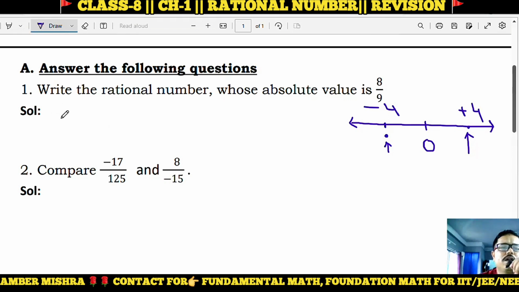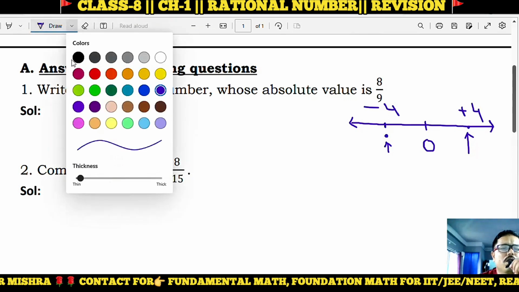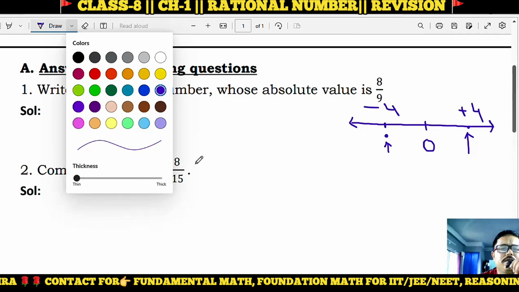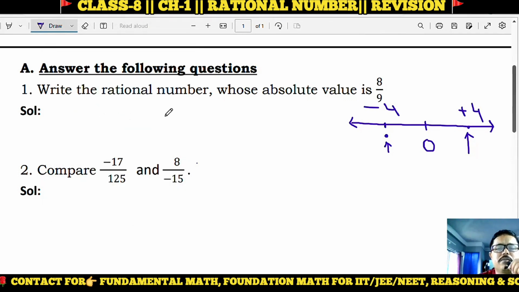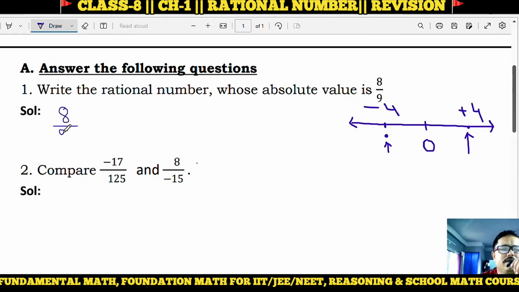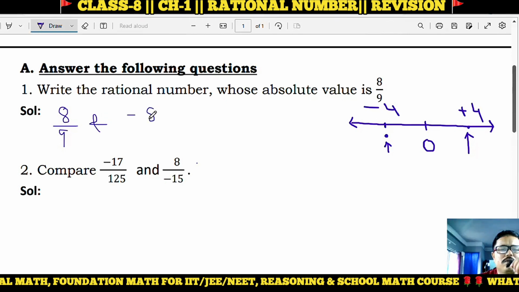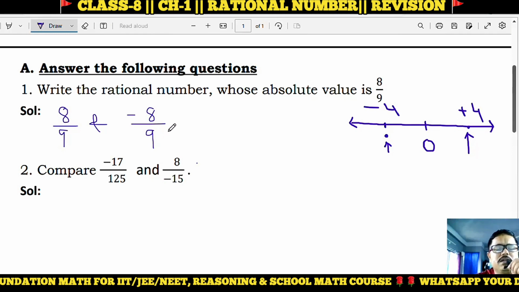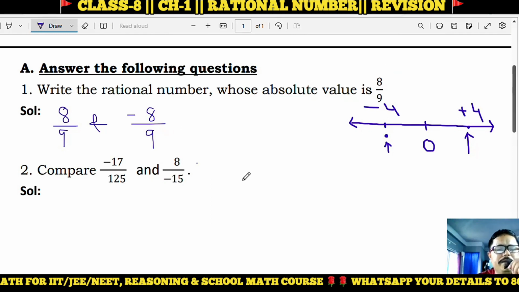Therefore, the rational number whose absolute value is 8 by 9: one is 8 upon 9 and another is minus 8 upon 9. These are the two numbers whose absolute value is 8 by 9.